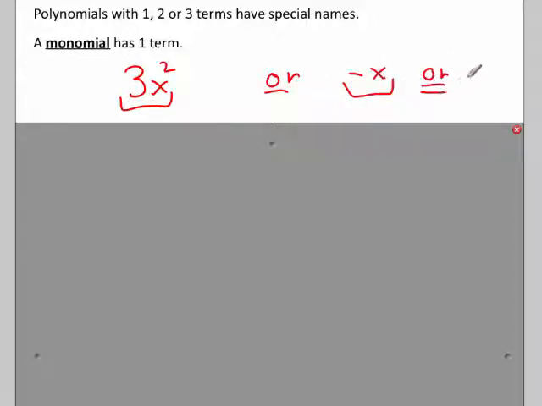A couple more words. We have special names for polynomials that have 1 term, 2 terms, or 3 terms. If it has 1 term, we call it a monomial. Here's an example of a monomial, 3x squared. That's 1 unit, all multiplied together, so that's 1 term. -x would be 1 term. Just a number would be a 1-term polynomial called a monomial.